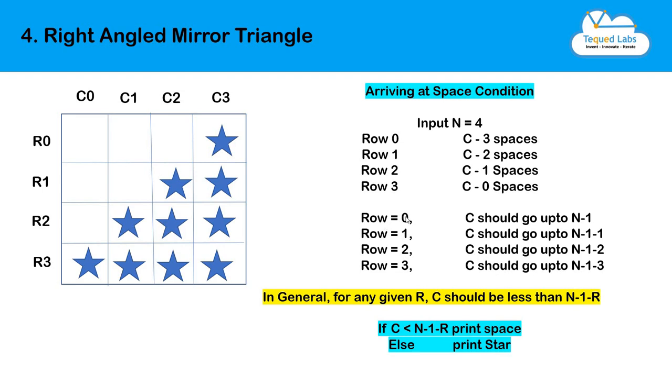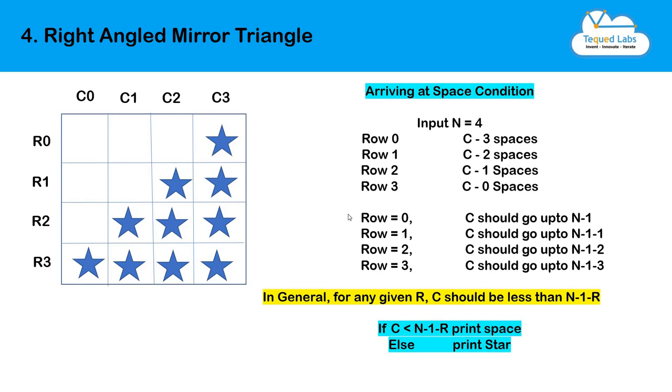When row is 0, C, that is the column loop, should go from 0 to n minus 1. So n is actually 4 here, and 4 minus 1 is 3. So when r is 0, it should go up to 3: 0, 1, 2, and not to 3, so it is less than 3.